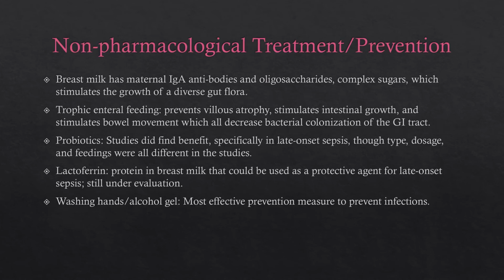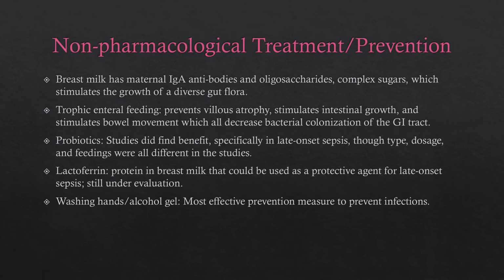So here we have some preventions and non-pharm treatment we can use for neonatal sepsis. Breast milk is going to be the most important thing we can give these patients. They're really going to need the antibodies from mom in order to fight off infections and also build up that gut bacteria to help protect against any other bacteria that may try to invade the GI tract.